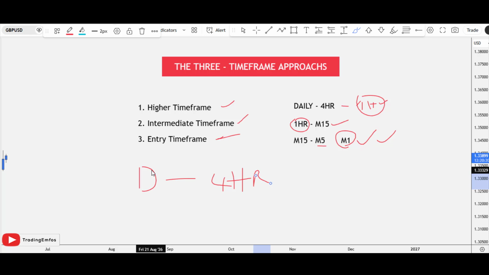For example, on the daily chart or the 4-hourly chart, the purpose of this time frame is to determine the overall market direction. So this time frame gives you direction. That is all about it. That is what I do here. I do nothing but just to know if the market is in an uptrend.